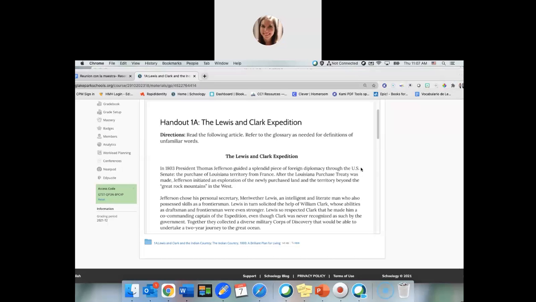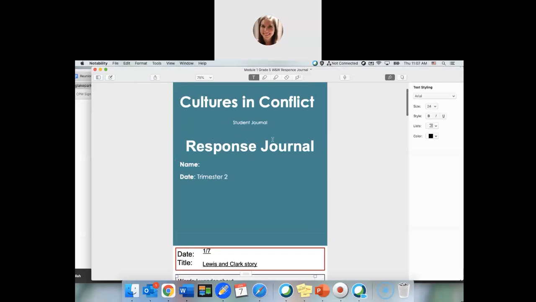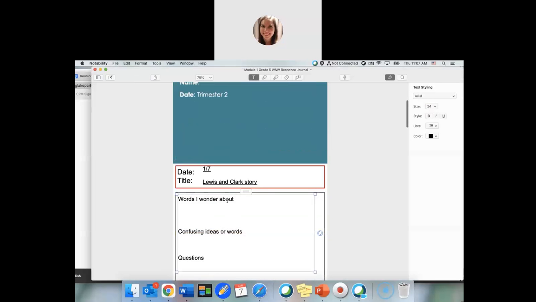In 1803, President Thomas Jefferson guided a splendid piece of foreign diplomacy through the United States Senate, the purchase of Louisiana Territory from France. After the Louisiana Purchase Treaty was made, Jefferson initiated an exploration of the newly purchased land and the territory beyond the Great Rocky Mountains in the west.